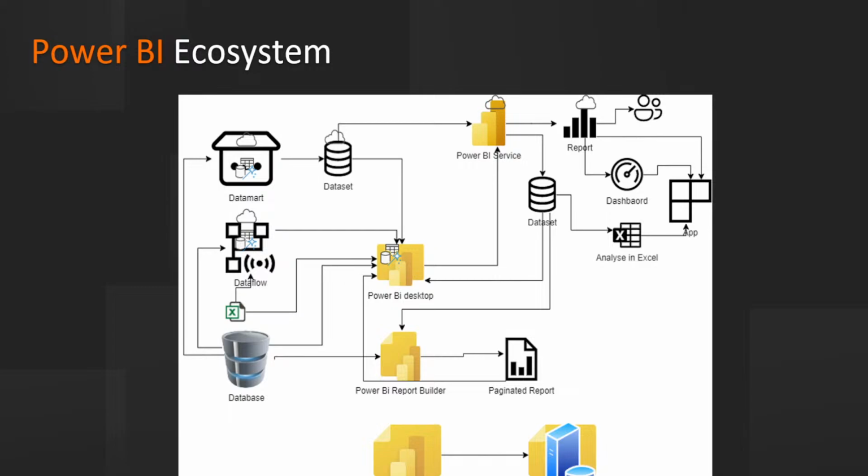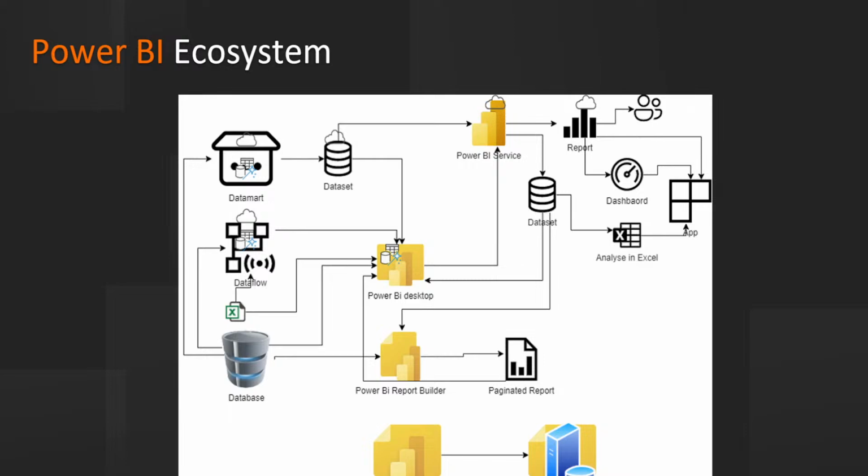Now, when you want to learn Power BI, you need to understand that Power BI has an ecosystem. It's not only about Power BI Desktop. When you get your first interface with Power BI, most of the time you will end up working on Power BI Desktop. But it's not Power BI Desktop which is Power BI.